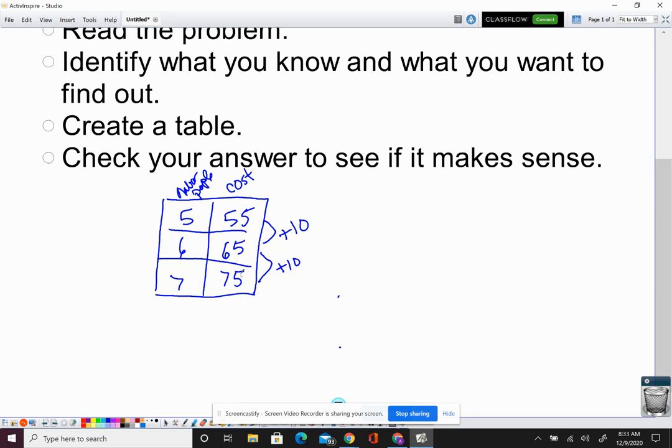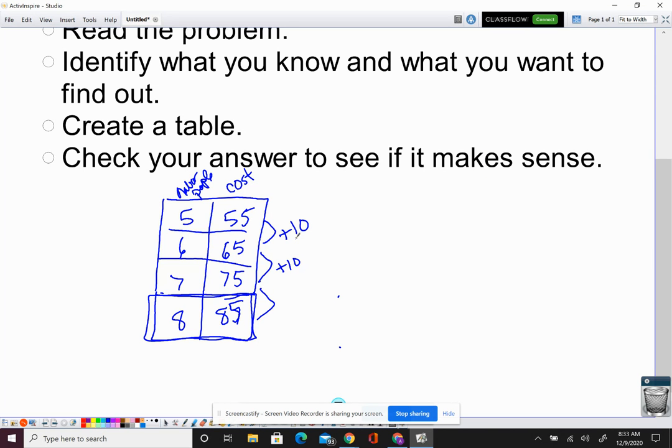So if it follows the same trend and we go up to 8 people, what should the cost be? Well, if we've added 10 on each time, we're going to add 10 and it's going to be $85. So I want to see this table. I want to see you extend it to get your answer.